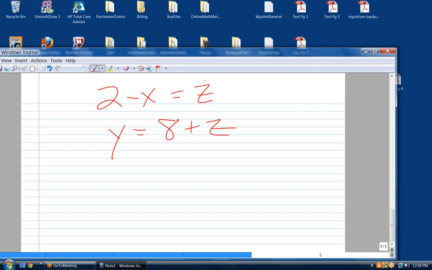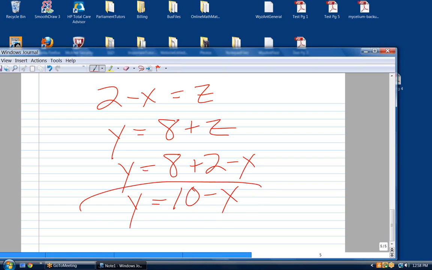Notice that I can substitute 2 minus x for z, so I get y equals 8 plus 2 minus x, and so I get y equals 10 minus x, so that's the best I can do, unless there's a third equation that you have.